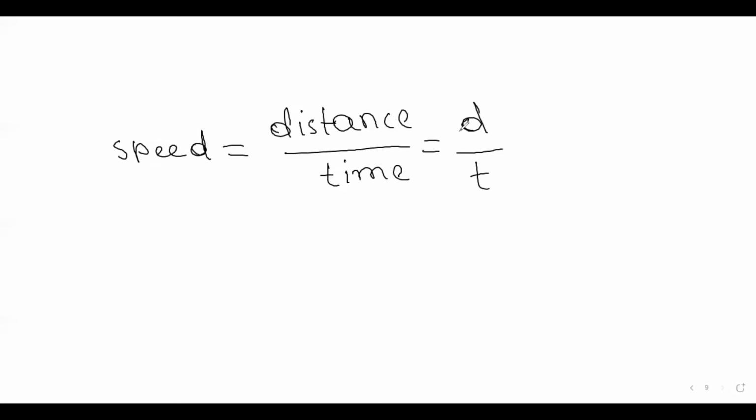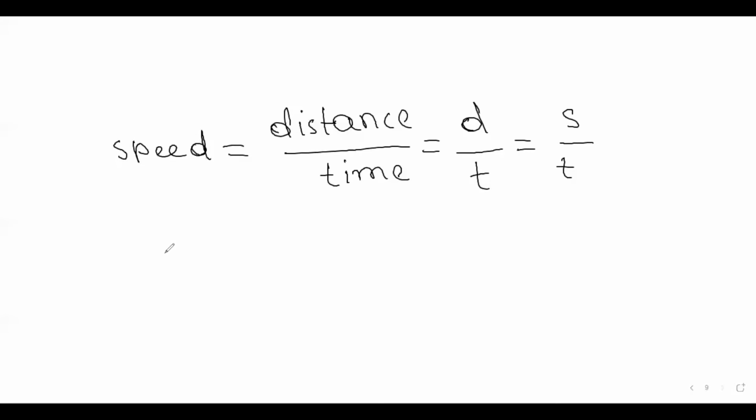In some books, distance is also written as s without an arrow over it, so we can also write s by t. You may have noticed that in displacement we give an arrow, but in the case of speed we don't give any arrow because it is a scalar quantity. In the case of distance, we also don't give any arrow because it is also a scalar quantity.